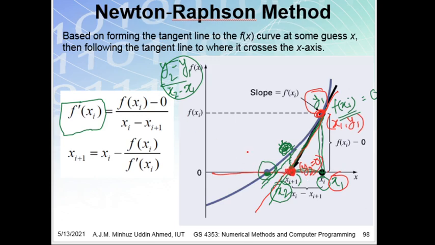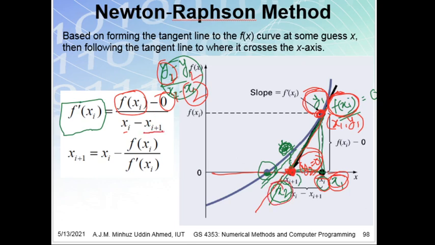That's why I am saying this is f(xi), so this is y1. So y1 minus y2 over x1 minus x2, all the same thing. y1 is f(xi), and y2 is 0. xi is x1, and x2 is this one.